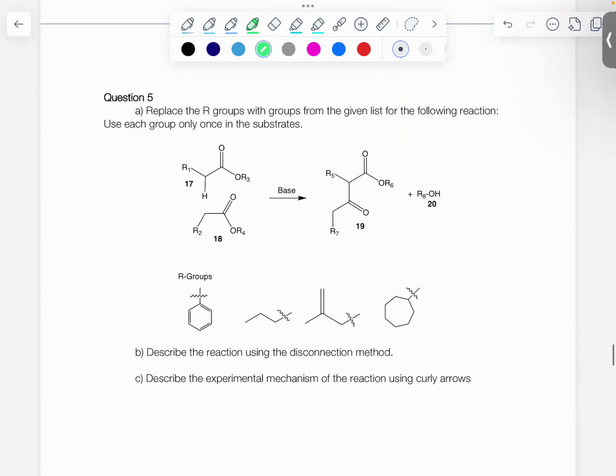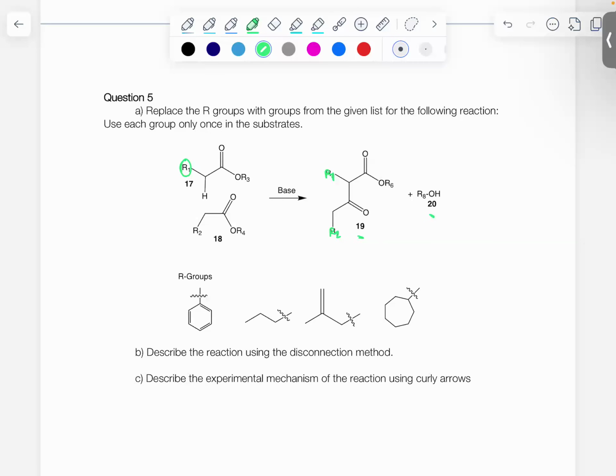So with this question, it's about helping to visualize where R1 ends up in 19 or 20. And so instead of drawing out the R groups, I am just going to rename 5, 6, 7, and 8 as R1, 2, 3, and 4. So R5 will be R1, and then we'll have R2 as R7.